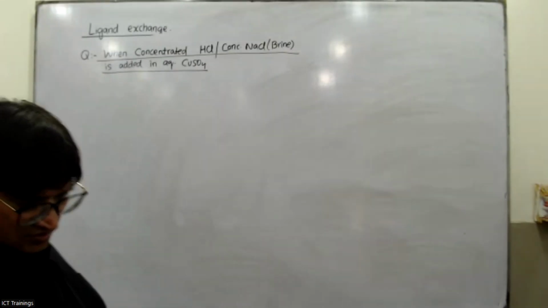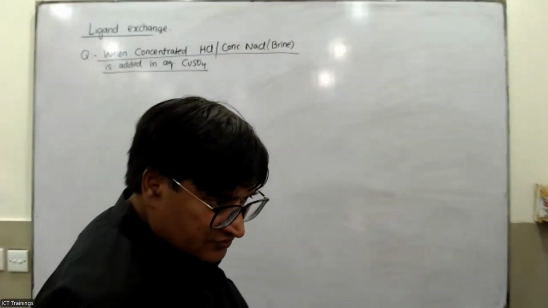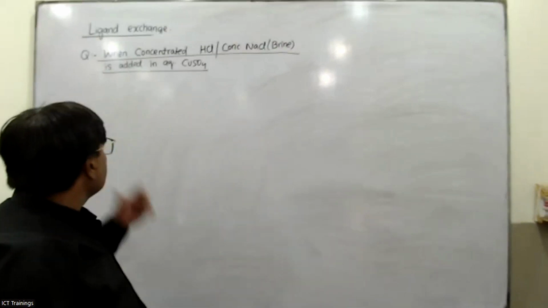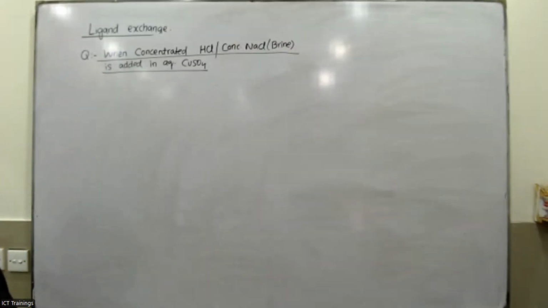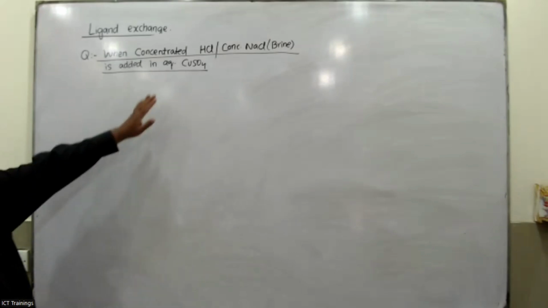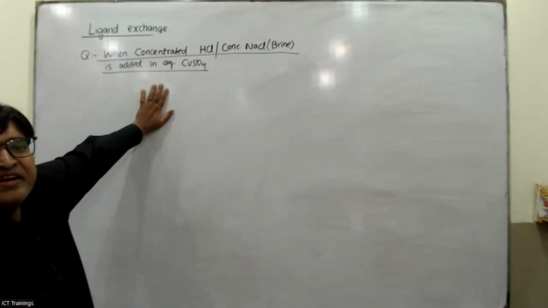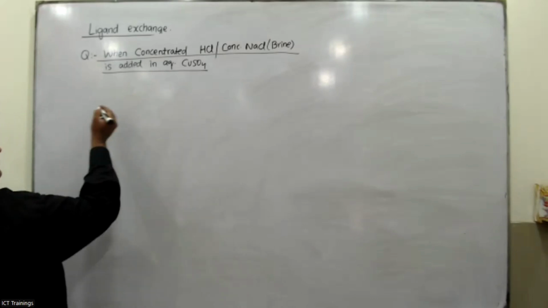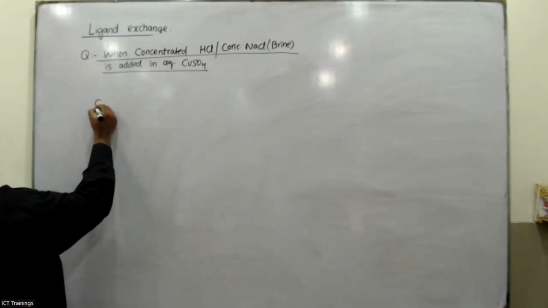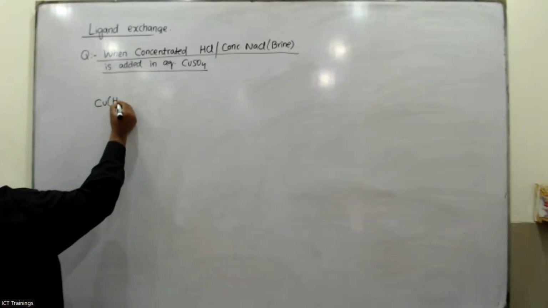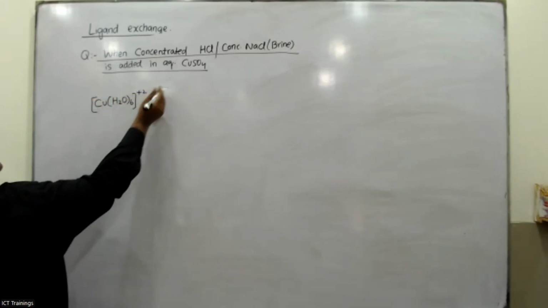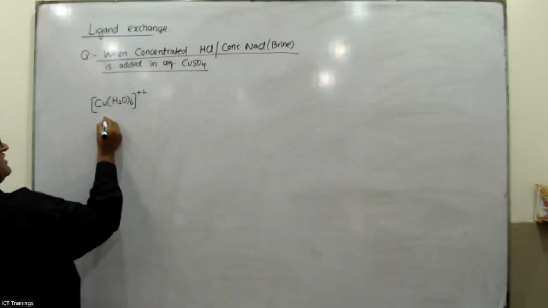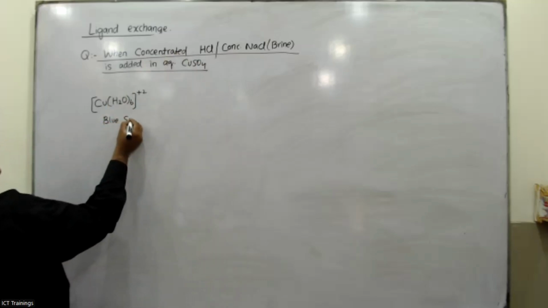Okay guys, aqueous copper sulfate means you only need the copper with 6 water molecules present. So you got copper with 6 water ligand and having the +2 charge. So this is actually the aqueous copper sulfate. This is actually the blue solution.